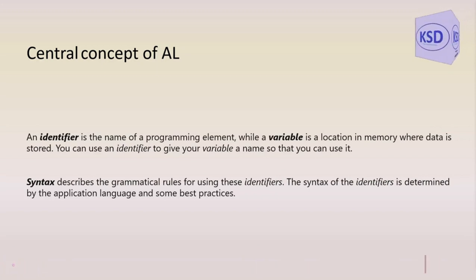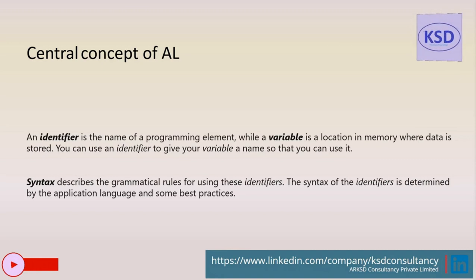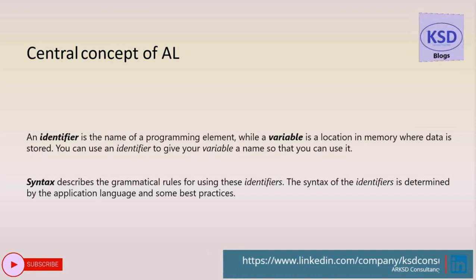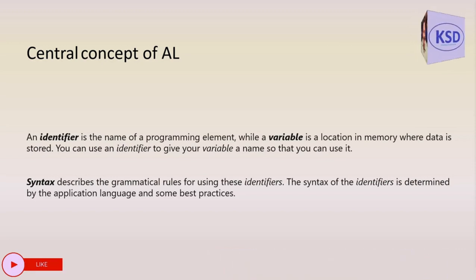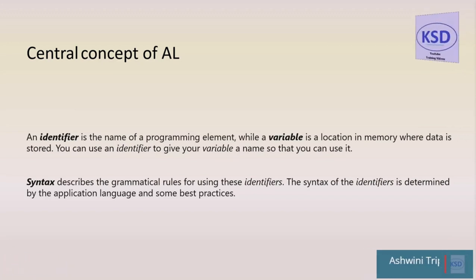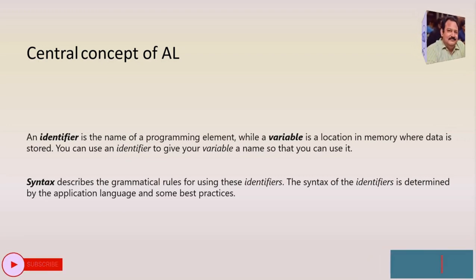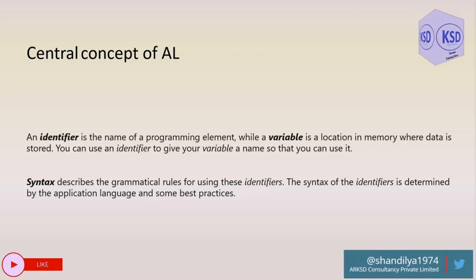So an AL identifier is the name of a programming element, while a variable is a location in the memory where data is stored. Say you have a 32 GB RAM. When you are creating any variable, it gets created in some small part of that RAM.